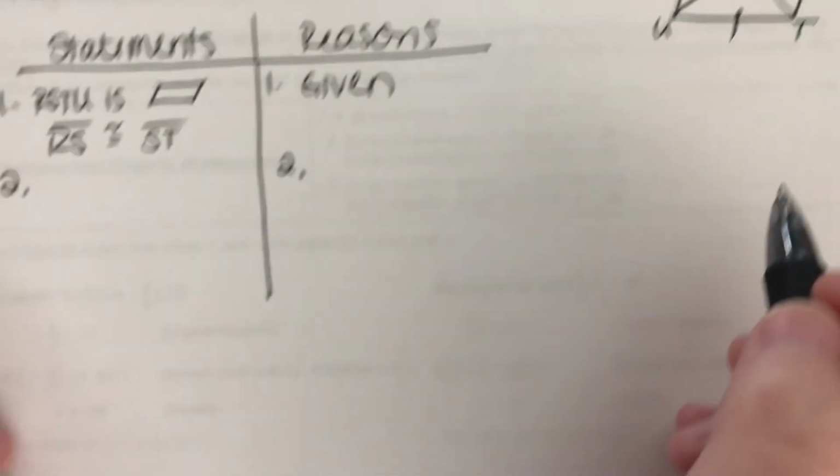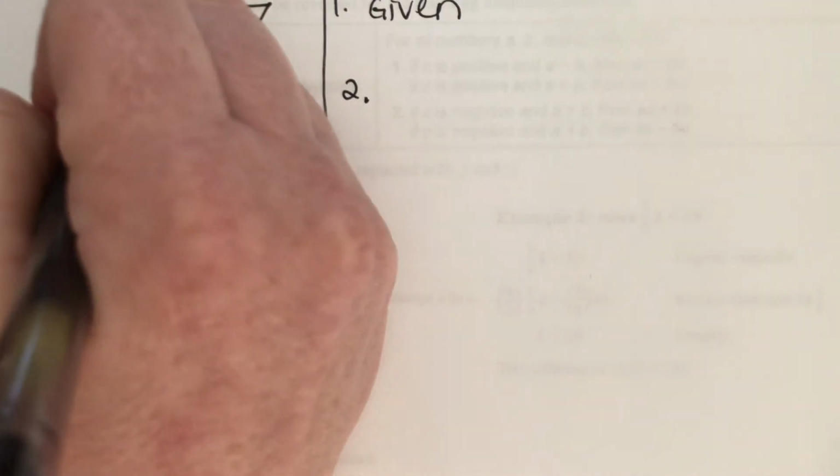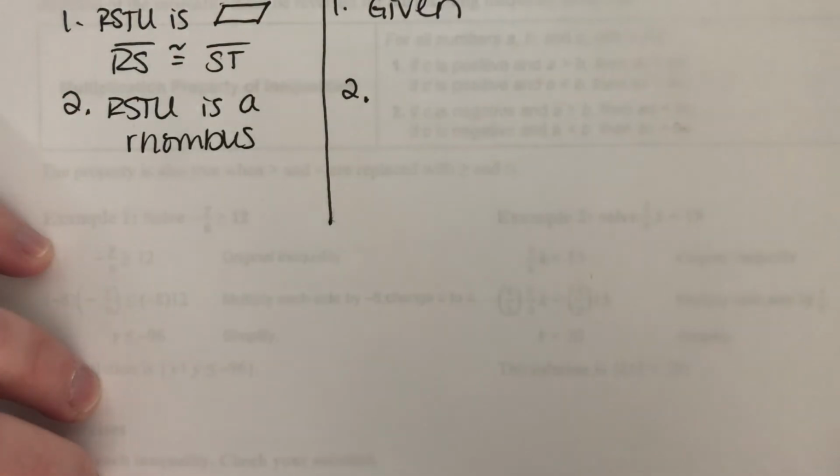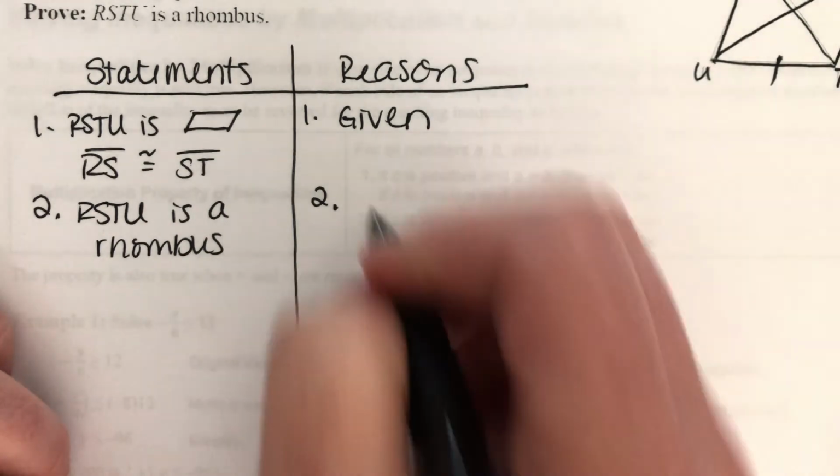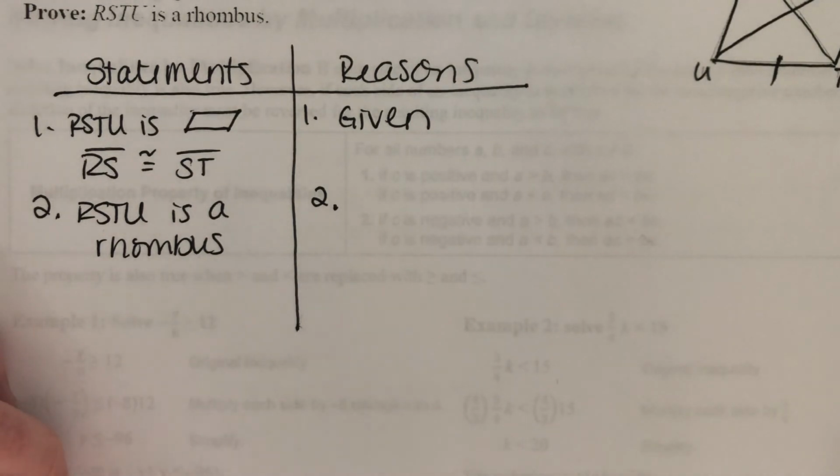So all we're going to do here in step 2 is say RSTU is a rhombus. And why am I allowed to say that? What's the rule that says I can just say it's a rhombus? Because I'll repeat the thing from the front side of this.